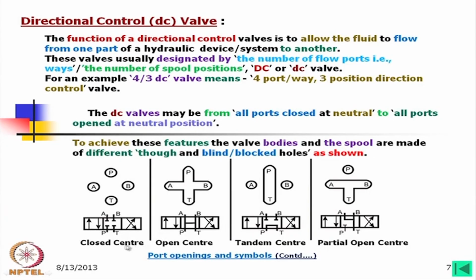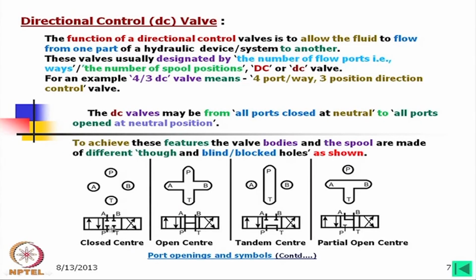Now, if I compare these two valves, closed center has a faster response when we are actuating for operating the load in comparison to open center. On the other hand, open center is the most energy saving; all the energy is not being lost when it is in idle condition.